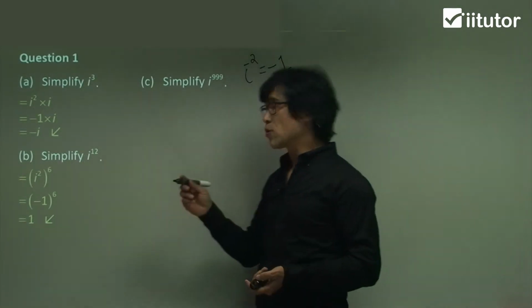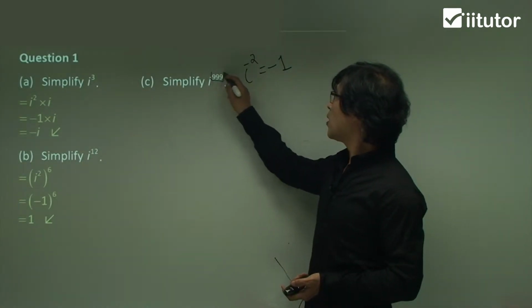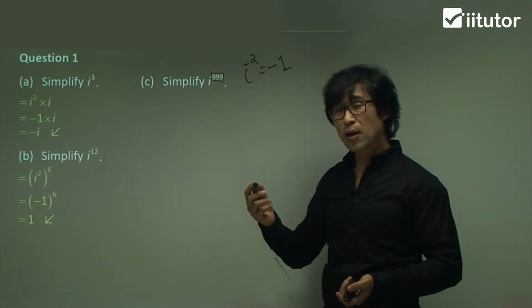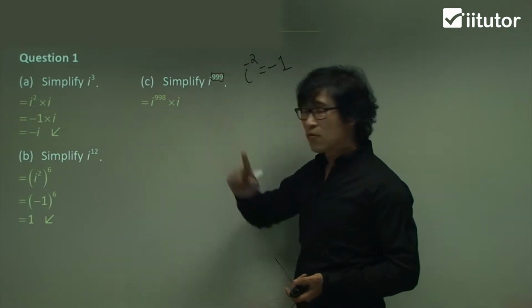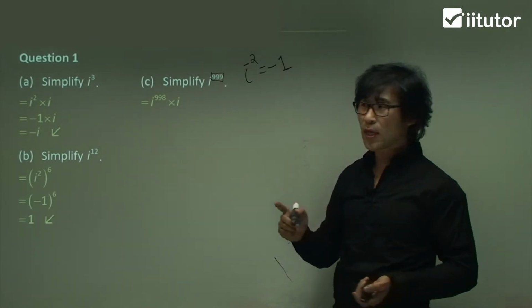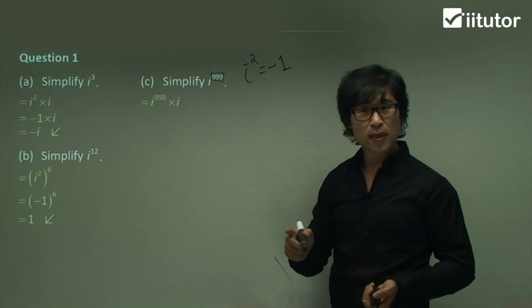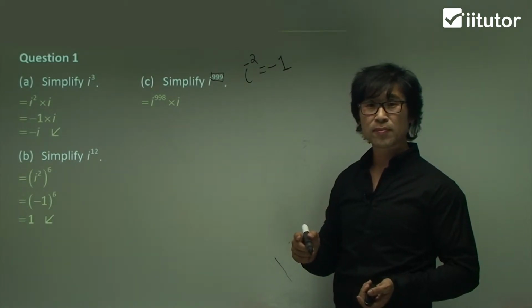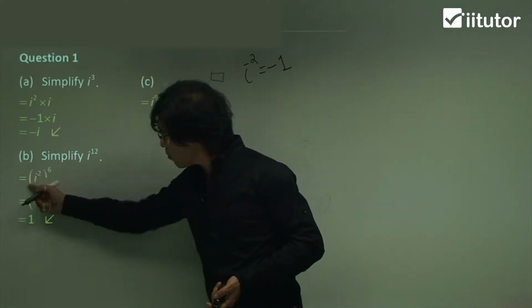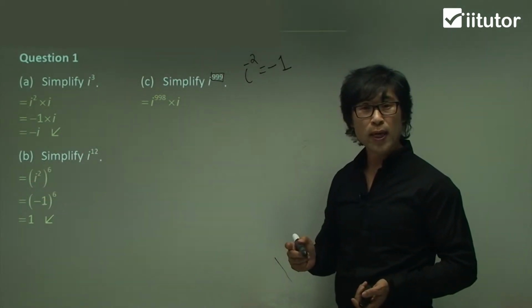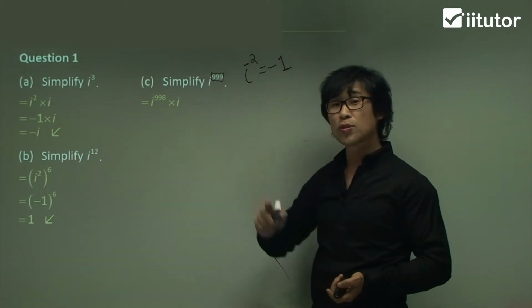No matter what your question, look at the power. You try to make it an even power if it's possible, like this one. So i to the power of 998 times i is eventually 999. Do you understand it? We have an even number, then we can make it i squared. Now we are ready to use i squared.